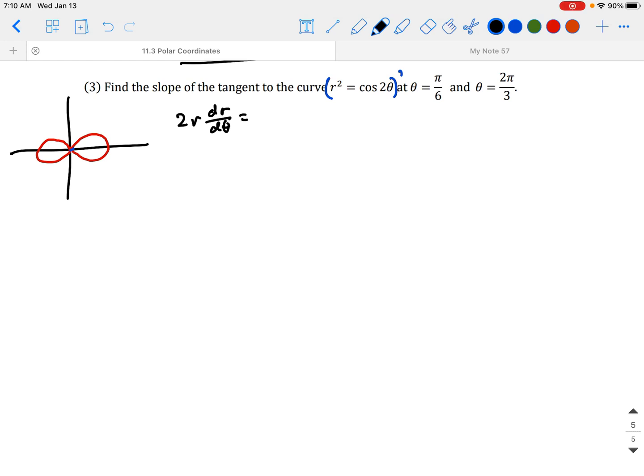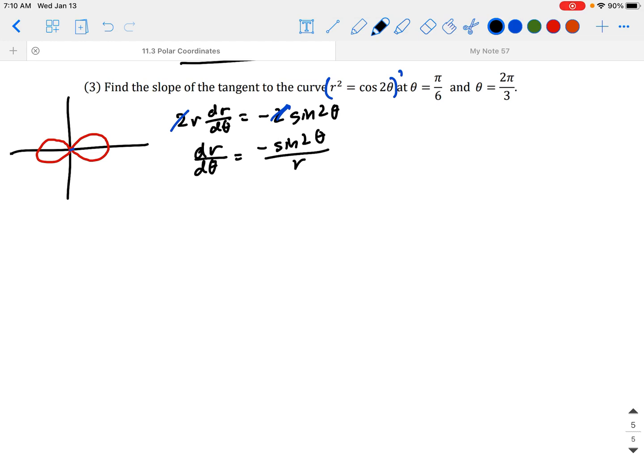And then on the right, we'll just have negative 2 sine 2 theta. We can do some cancellation here of the 2's, and what we'll get is that dr d theta is equal to negative sine 2 theta over r. And I'm going to leave this as is, and you'll see why in a moment, that we're going to get some nice cancellation that works out for this.